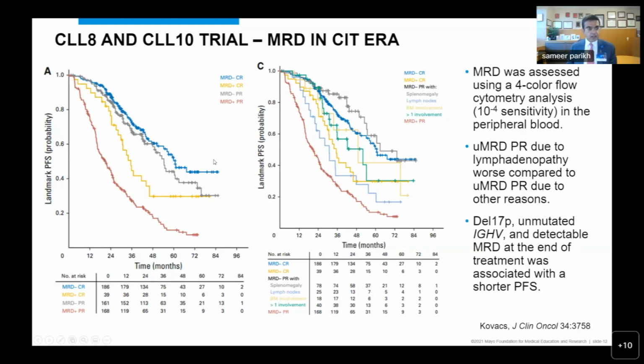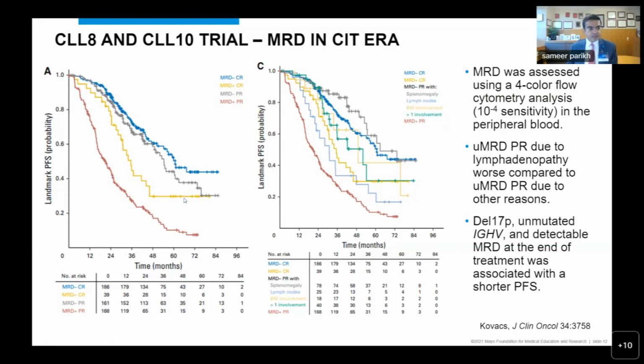And here are the PFS data according to the response status at the end of treatment with patient data combined from these two trials. And on the right are data that are broken down in a more granular fashion. On the left, you will notice that patients who are in MRD negative CR, in the blue curve at the top, actually do the best compared to patients in the red curve who are MRD positive but are in a partial remission.